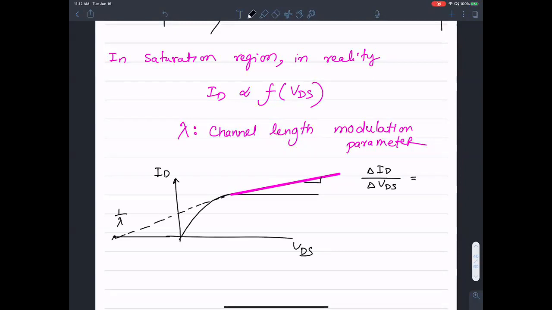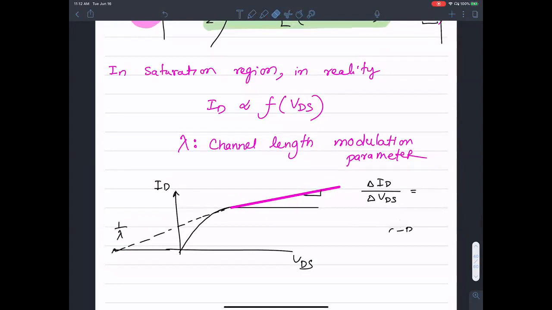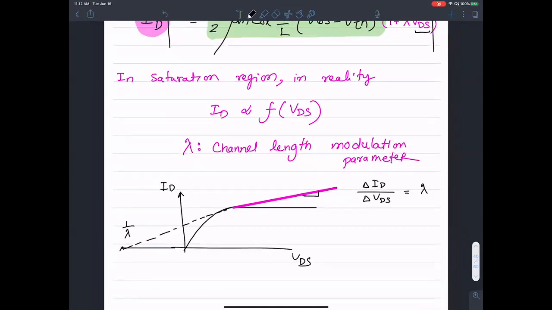The inverse of this slope is defined as RDS. Sometimes I keep calling this R naught. That is defined as 1 over lambda ID, where lambda is the channel length modulation parameter.